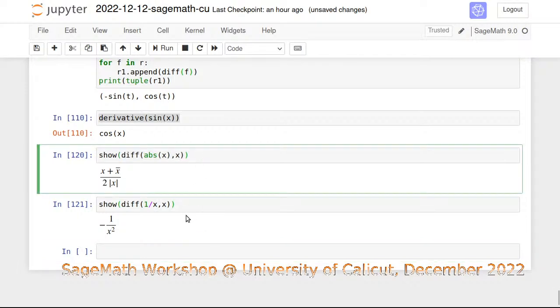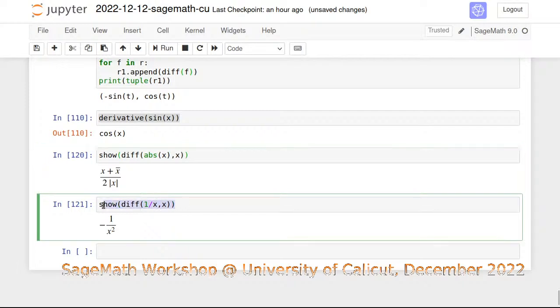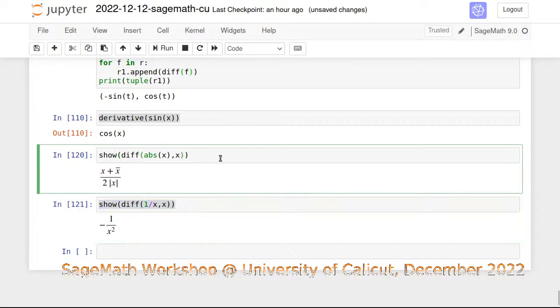So 1 by x, the problem is that it is not at all existing at x equal to 0, right? But absolute value function, the difference is that it is defined at x equal to 0. So these two functions are different. The second function is not at all defined at x equal to 0, therefore there is no point in asking for the derivative. But the first function, it's defined at x equal to 0, but it is not differentiable, but it's still giving.